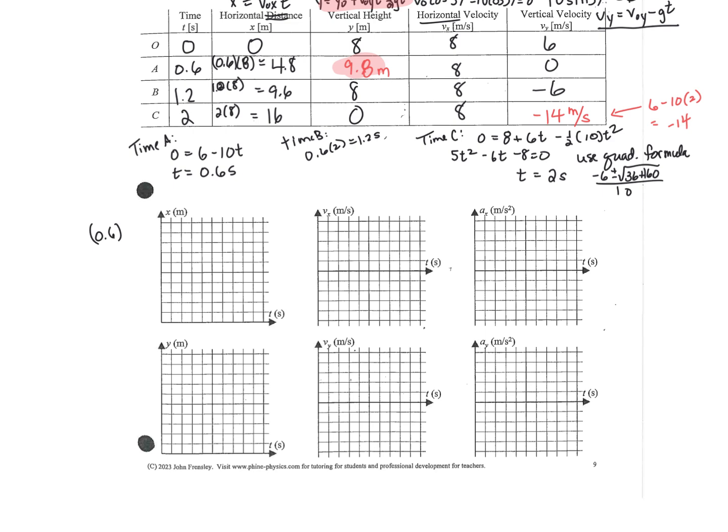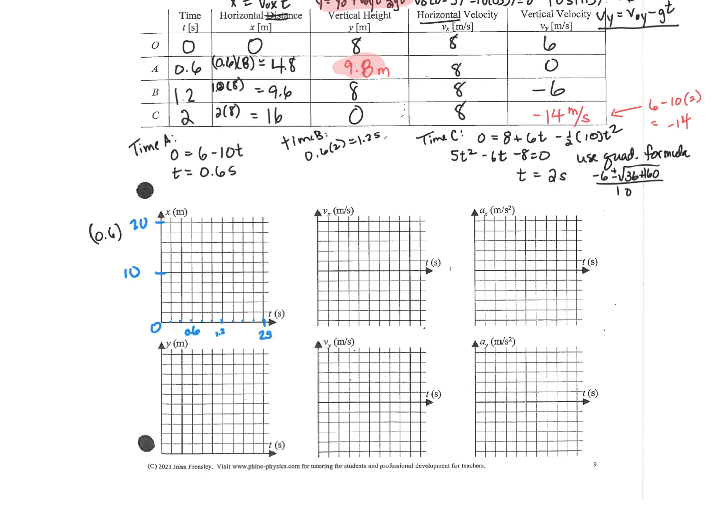So our x position, horizontal distance starts at 0. I'm going to do that in blue. If we start at 0 here, we take this to 10 and make this 20. And we're going to do 0.2, 0.4, 0.6, 0.8, 1, 1.2, 1.4, 1.6, 1.8, and 2 seconds.